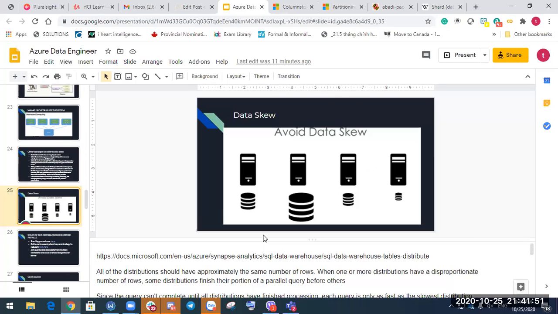But the issue of data skew arises when one or more distributions have bigger or smaller numbers of rows than the rest. Then it becomes a problem for queries, because some distributions will finish their portion of a query before others. So it creates a very disproportional workload, you see.